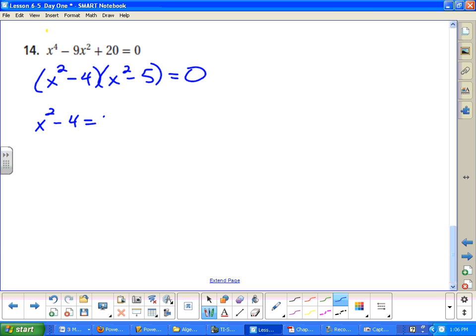Now then, I can set those two parts equal to 0 and solve them. So we get x squared equals 4 when I add 4, and x squared equals 5 when I add 5. And then I do what?